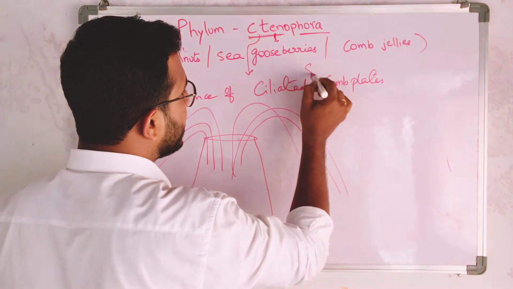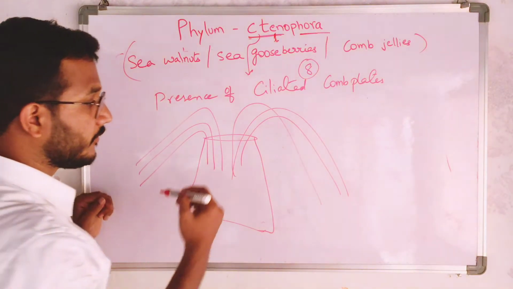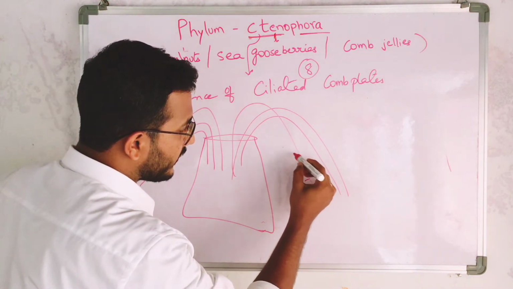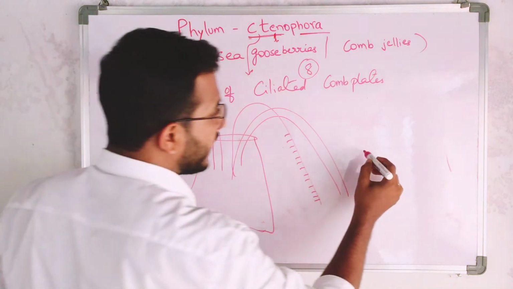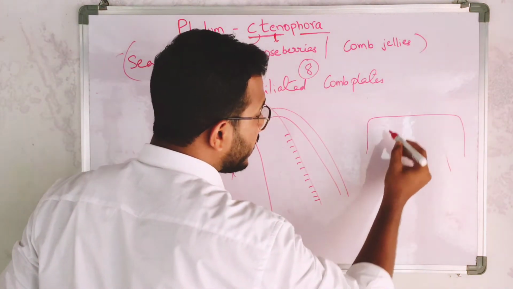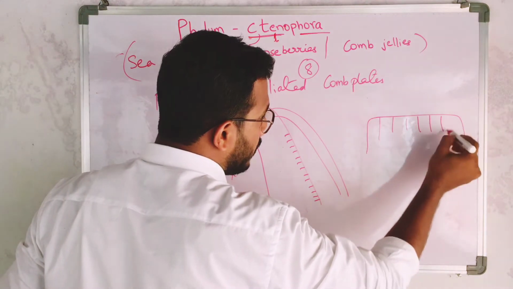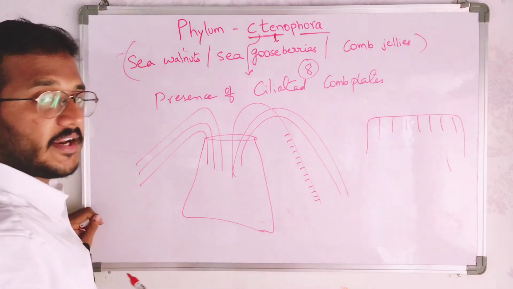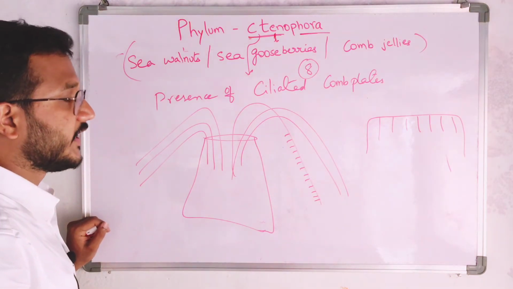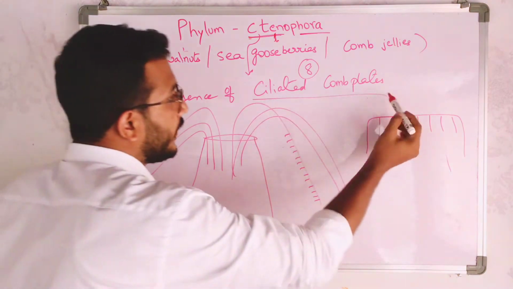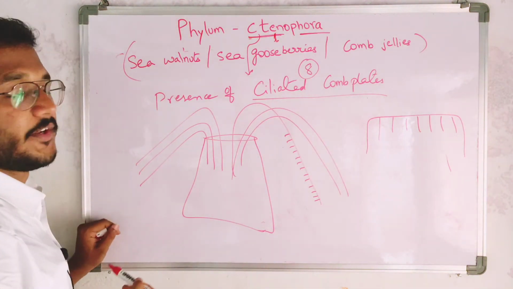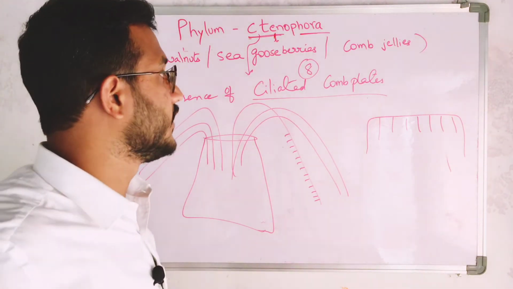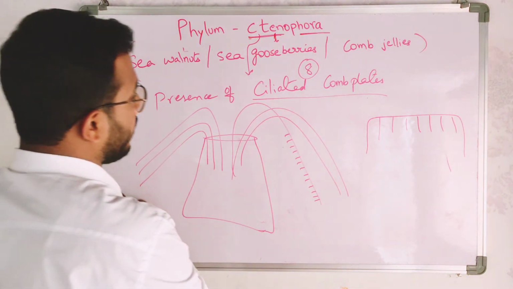Mostly they have 8 ciliated tentacles. So how is the cilia arranged? The cilia are attached to the tentacles like the bristles present in a comb. For example, this is the comb we use at our homes, and that comb has bristles. Like that, the hair-like cilia are attached to the tentacles. So that's why we call them ciliated comb plates. That is Ctenophora in Latin. This is how the name was assigned to the phylum.